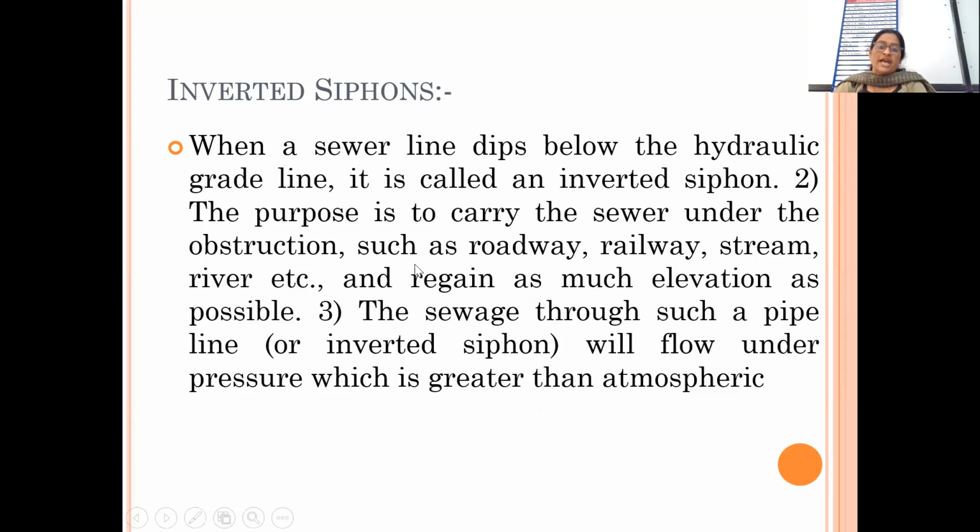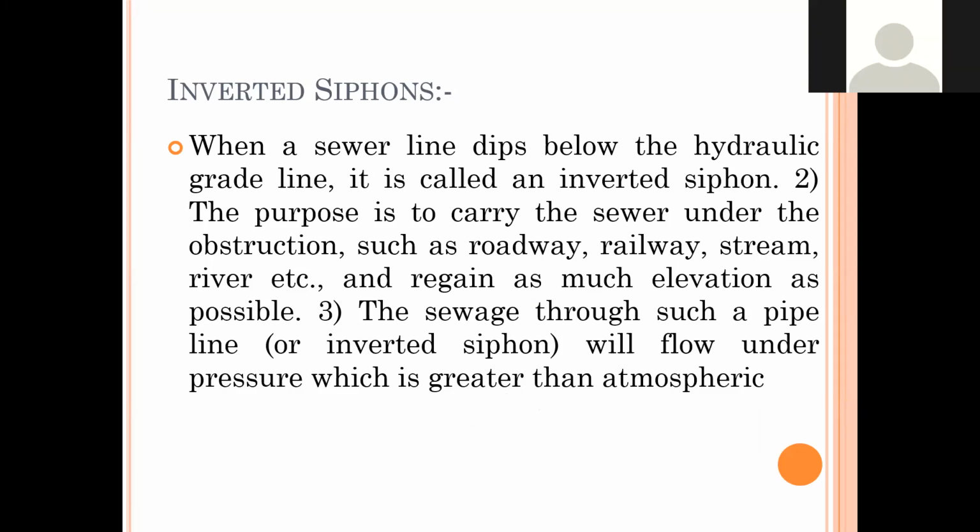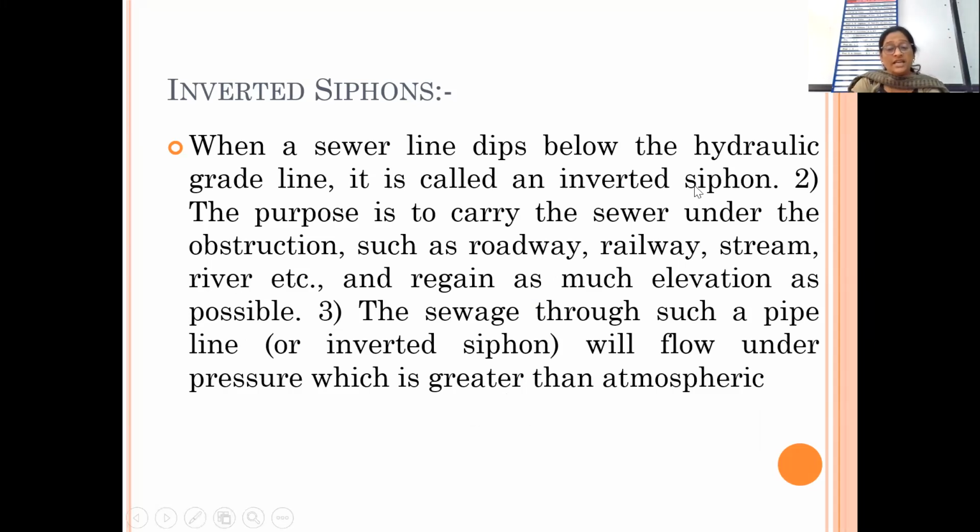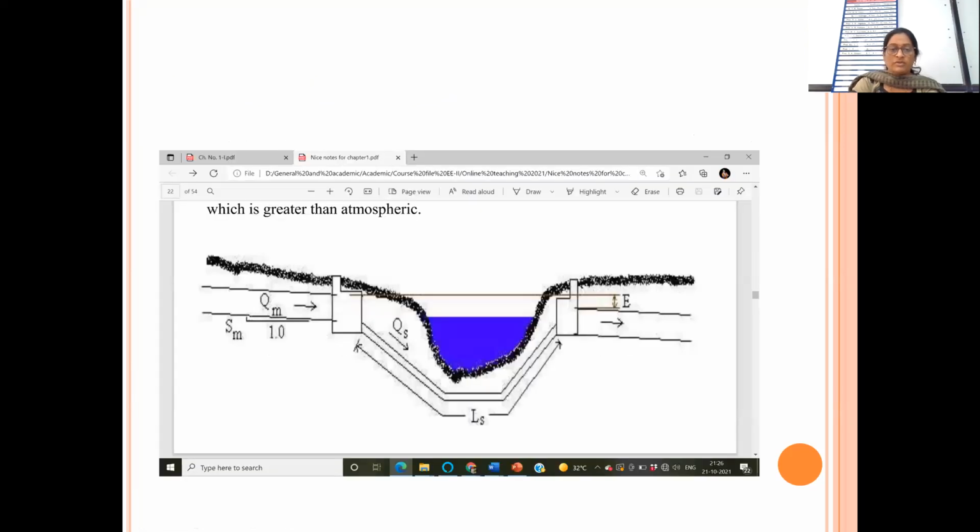The purpose is to carry the sewer under the obstructions, and the sewage through such a pipeline will flow under pressure, which is greater than the atmospheric pressure. For MCQ type questions, you should remember that in an inverted siphon, the pressure will be greater than the atmospheric pressure.